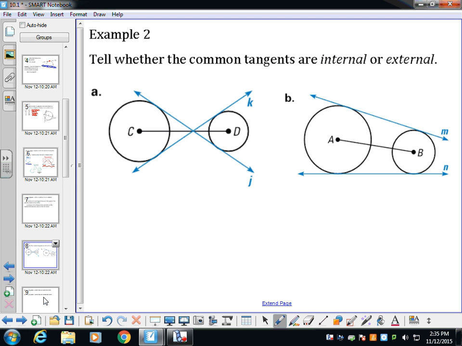So for example, A, C and D are my two centers of my circle, so if I draw a line between them, lines J and K are internal tangents because they cross over that line. Versus in part B, A and B, I draw my segment between those two centers of a circle, but lines M and N do not cross over that line, so they are external.